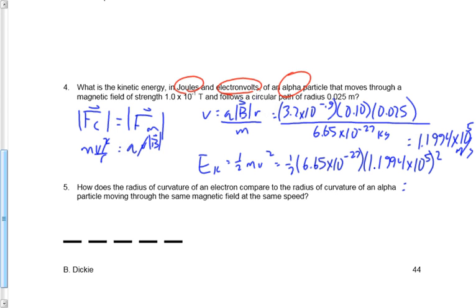What do we get there for the kinetic energy? Yep. Oh, is the speed wrong? Okay, so what do we get? Times 10 to the 5. Okay, thank you. So let's fix it right there.